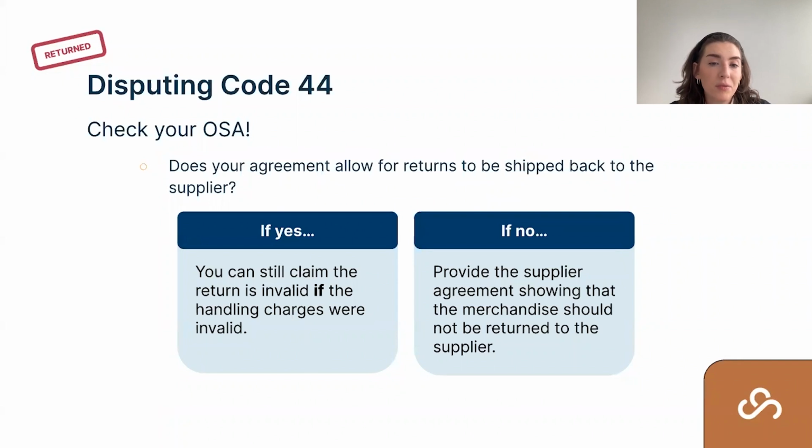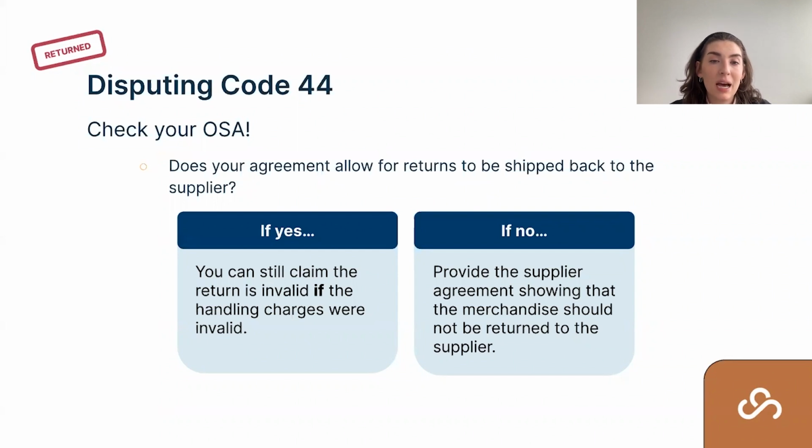If yes, if your agreement does allow for returns to be shipped back to the supplier, you can still dispute this as invalid if the handling charges are invalid. And the handling charges would be invalid if the main deduction code is invalid. So you kind of have to skip from here to the next step and say, okay, what is the actual main deduction code? Either that code 91, 92, 93, 94, or 95, is that invalid?